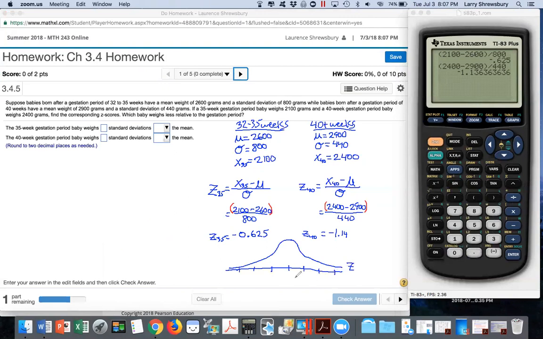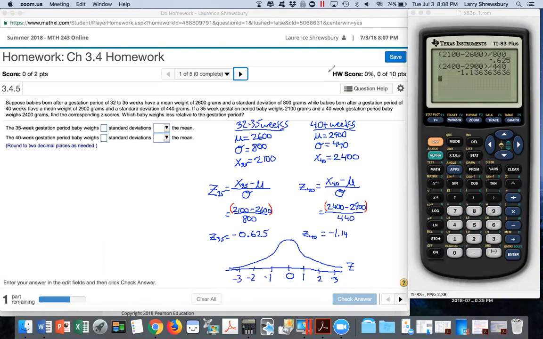A z-score of 0 means that your data value is exactly equal to the mean. That makes sense because if they were equal, this would be 0, and 0 divided by anything is 0. Now, if your z-score is a positive 1, that means it's exactly 1 standard deviation above the mean. If it were 2, it's 2 standard deviations above. Now, if it's 1 standard deviation below, it's negative. So when your z-scores are negative, that's telling you that you're below the mean. So this would be a -2, that would be -3.